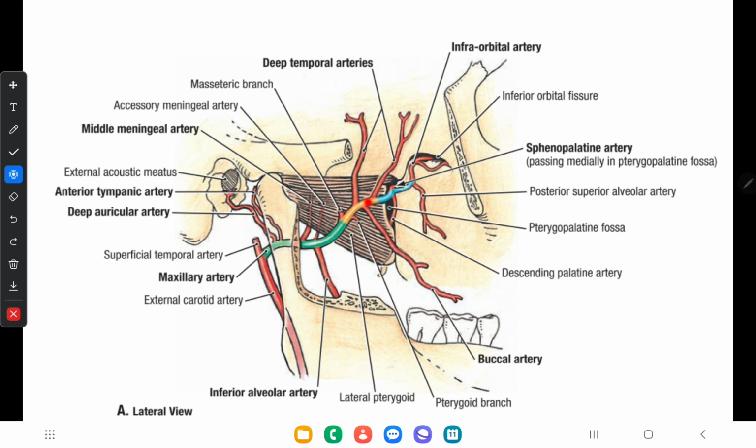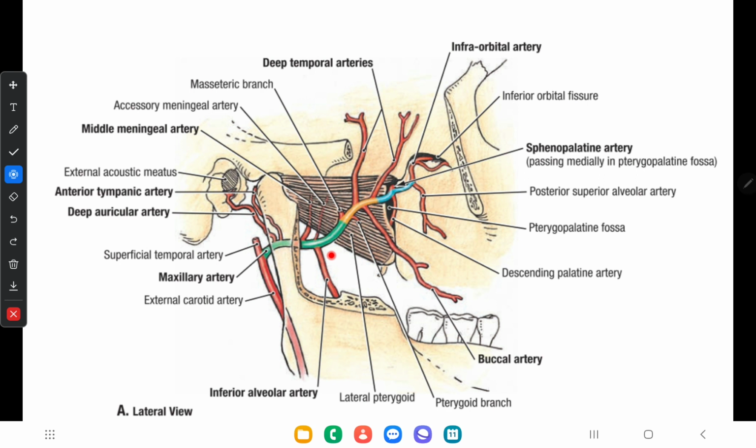That part passes superficial or deep to the lower head of the lateral pterygoid muscle. The pterygoid venous plexus surrounds this part. This part also gives branches, and they are the masseteric branch, the pterygoid branch, deep temporal arteries, and the buccal artery.